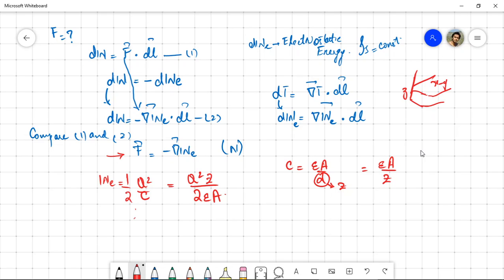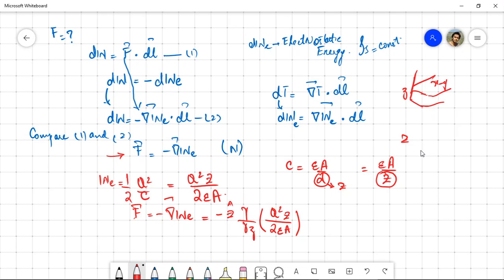Now if we calculate the value of F, that is minus gradient of We. So the We is only a function of z. So all the other unit vector components will be equal to 0, and the only thing that remains is minus z hat partial over partial z into Q square z over 2 epsilon A.